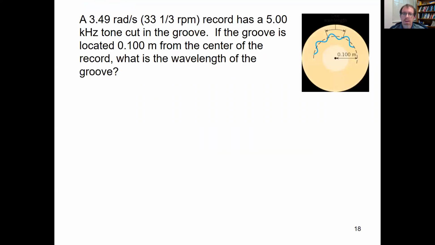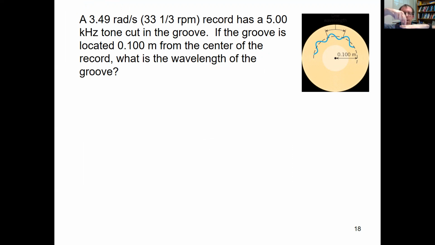All right, so what's next? The next example problem we're going to do is one for a record. We think about a record. There's a needle that sits in the grooves of the record. Basically this record moves underneath the needle.